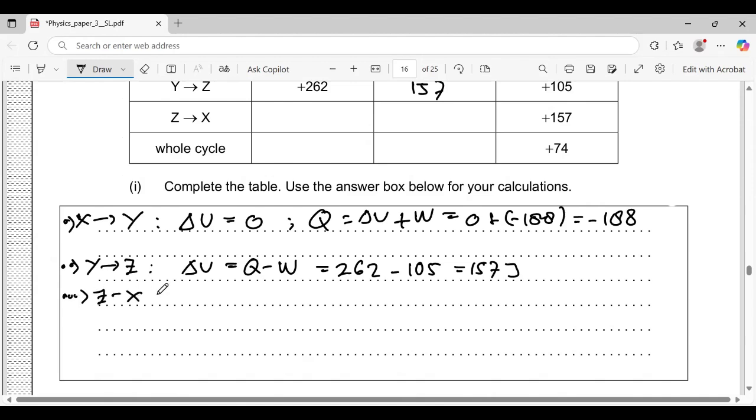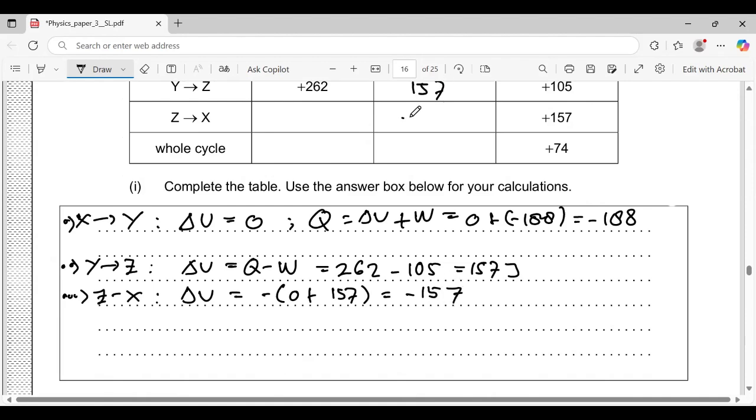Z to X. W is 157, and this is a return to the original state based on the graph in the previous question and solution. So it means for the full cycle, delta U equals minus 0 plus 157, and it is minus 157.